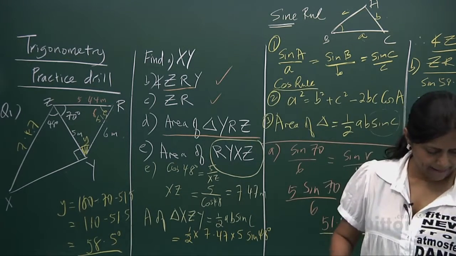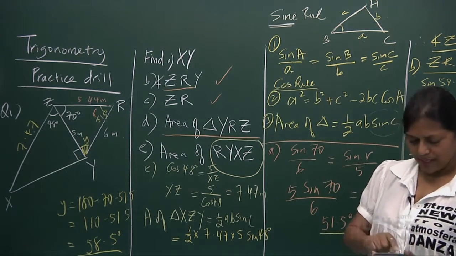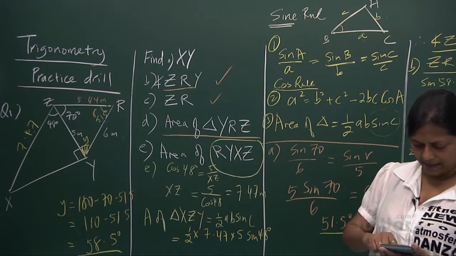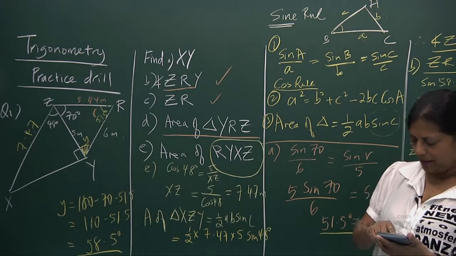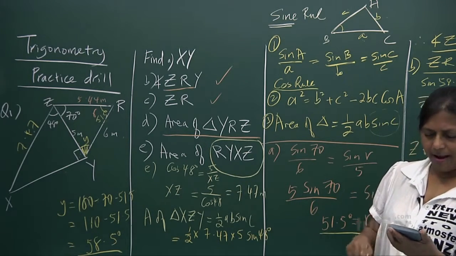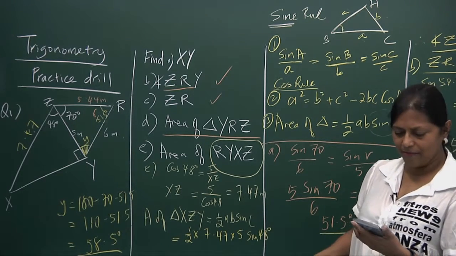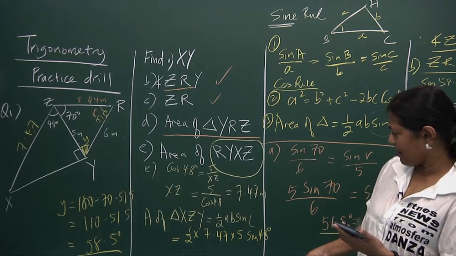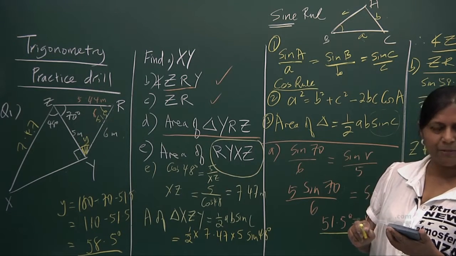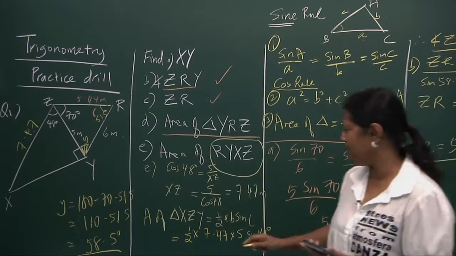What do you get? Are you pressing, my dear, the calculator? Work along with me and see your answers. And you get 27.7. Did I divide by 2? I want to check and see. Sometimes I get a bit forgetful. I get 13.87.